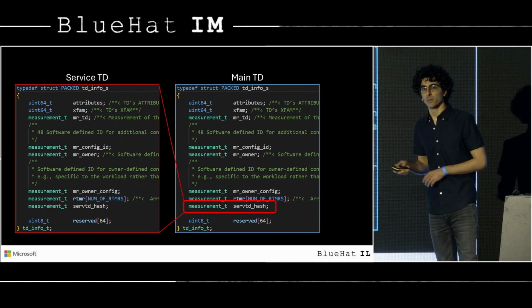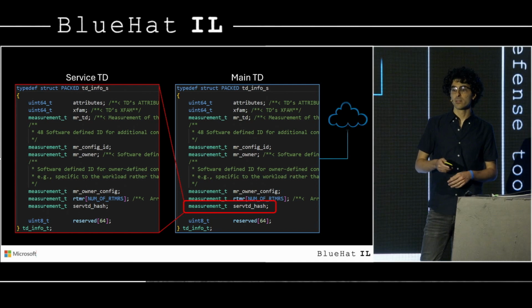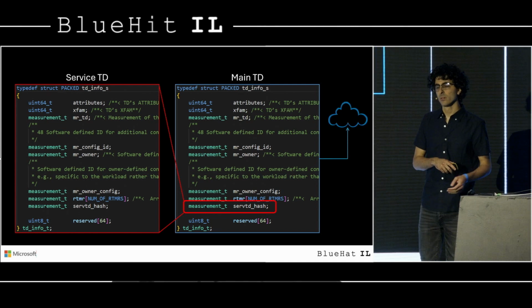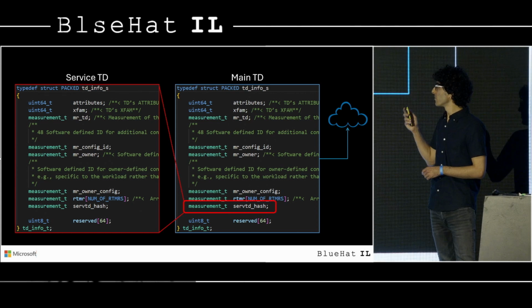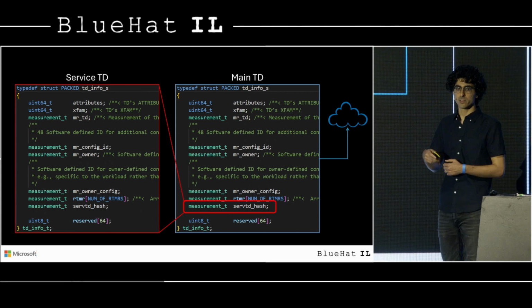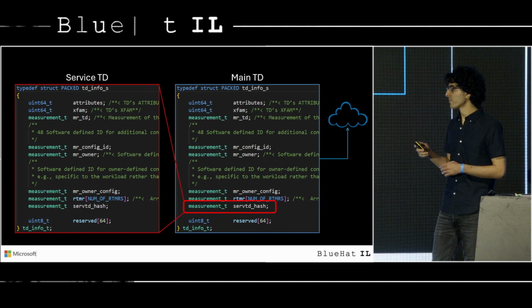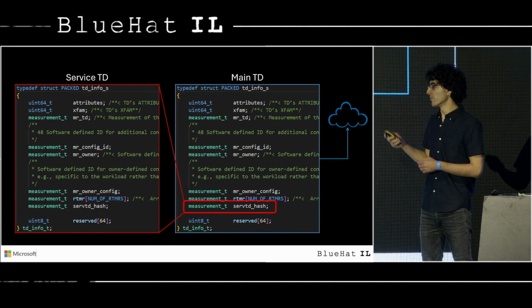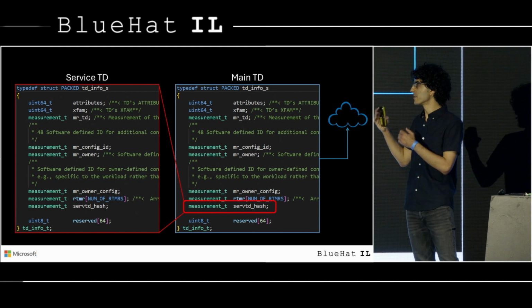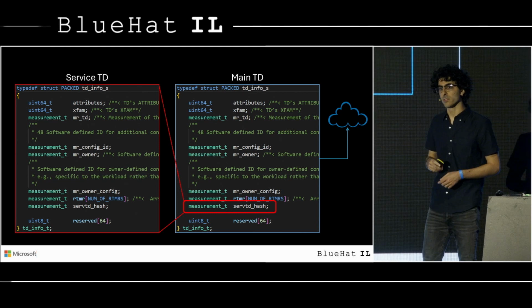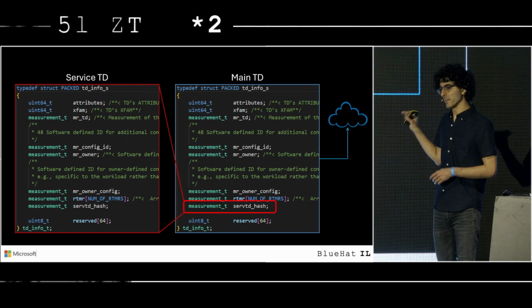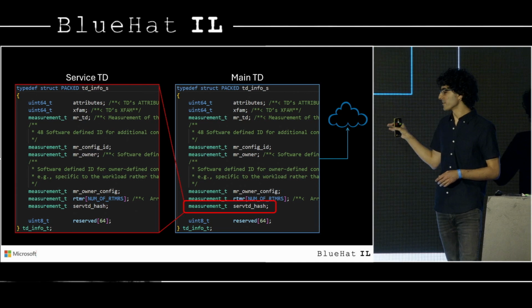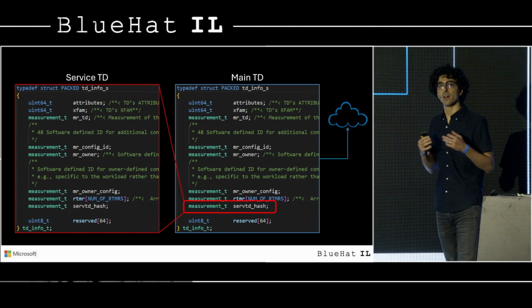That way, when the main TD or target TD sends the attestation report to the attestation server of the customer, the server can validate both the main TD and any service TD that's bound to it. Let's say, for example, if we, as the untrusted host, bind some malicious service TD to a customer TD, the attestation server will be able to identify it because the self-TD hash field will have an unexpected value.